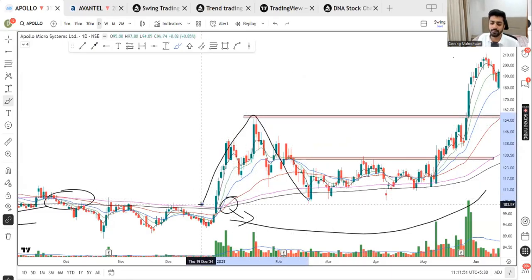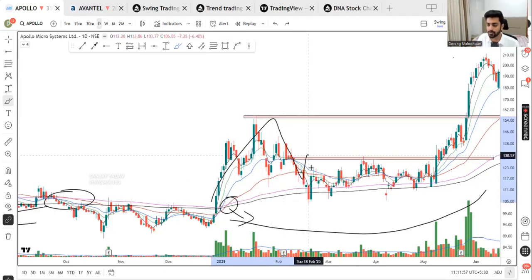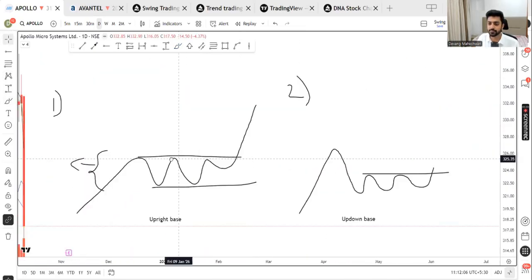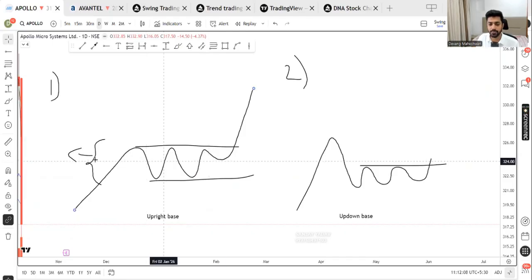It may happen that it gives full of the move, or it can stop somewhere here also, but not at the upper right side. This is just up and complete right side, and this is up and giving back majority of its gain. Okay, this is the second way.